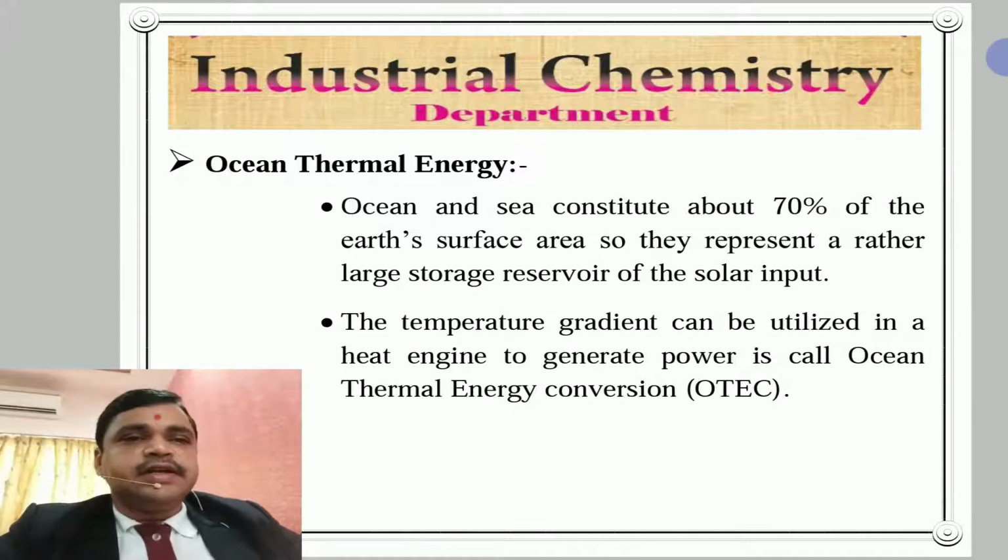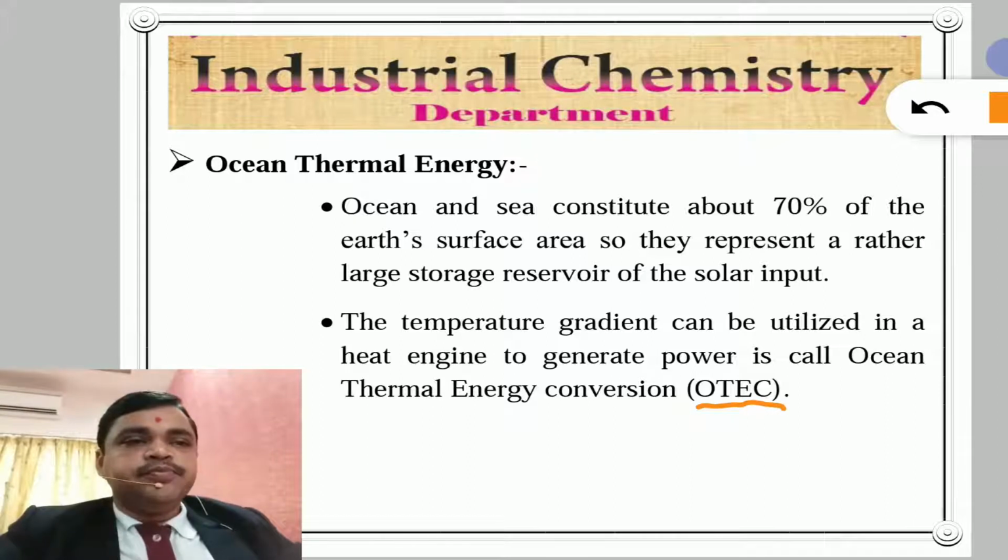The temperature gradient that can be utilized in a heat engine to generate power is called ocean thermal energy conversion. The short name of ocean thermal energy conversion is OTEC: O from ocean, T from thermal, E from energy and C from conversion.